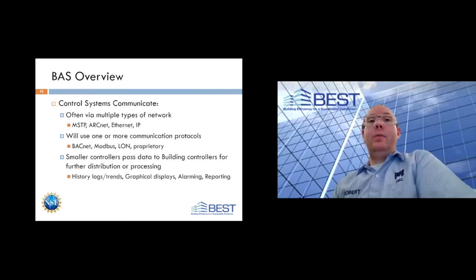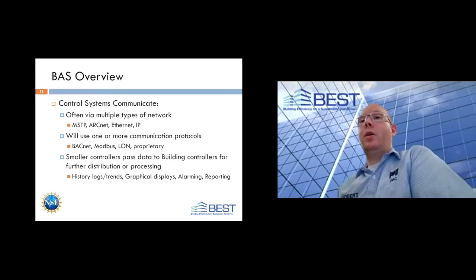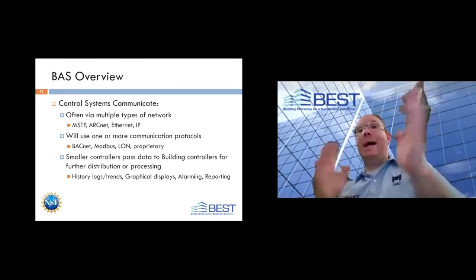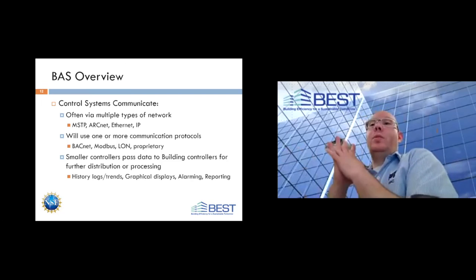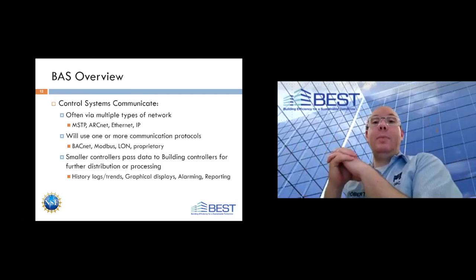So within a given building automation system, typically your smaller controllers, so this could be anything from your unitary controllers like VAV controllers up to possibly including your plant controllers, will talk to building controllers. Sometimes your plant controllers double as a building controller or a middle management type controller, handling communication between your VAVs and the main building controller.